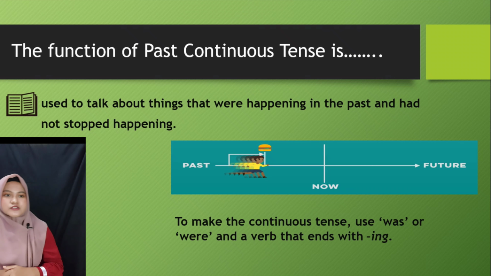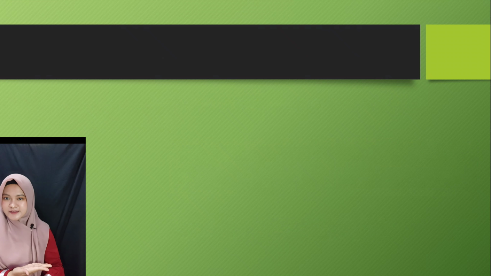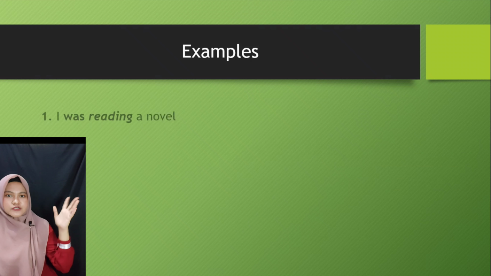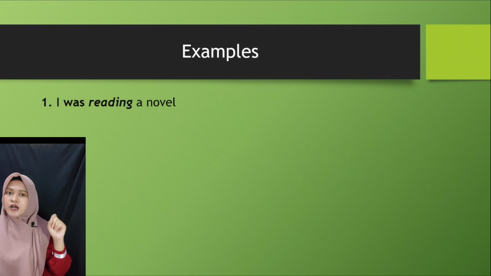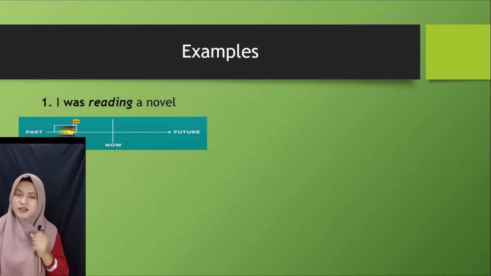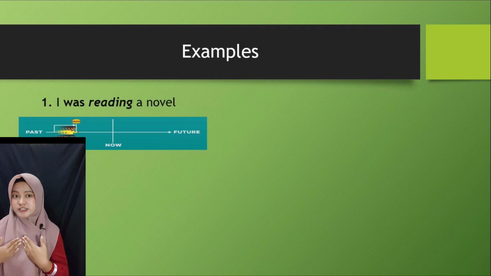To make the continuous tense, we use an auxiliary verb and a verb that ends with ing. Okay, we have examples here. For the first, "I was reading a novel" means that in the past I was reading a novel, and until now I'm still reading a novel.